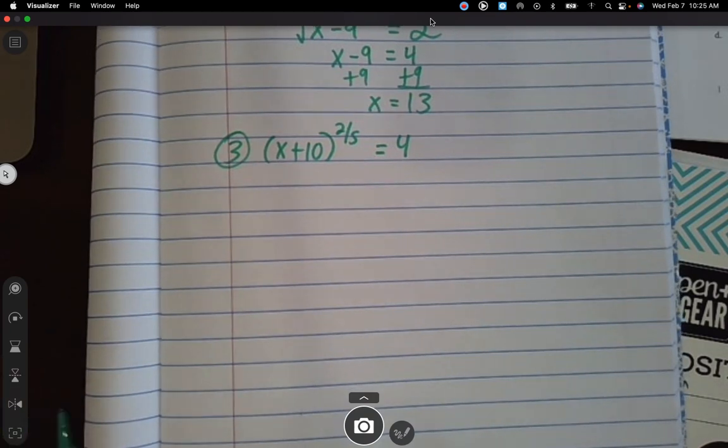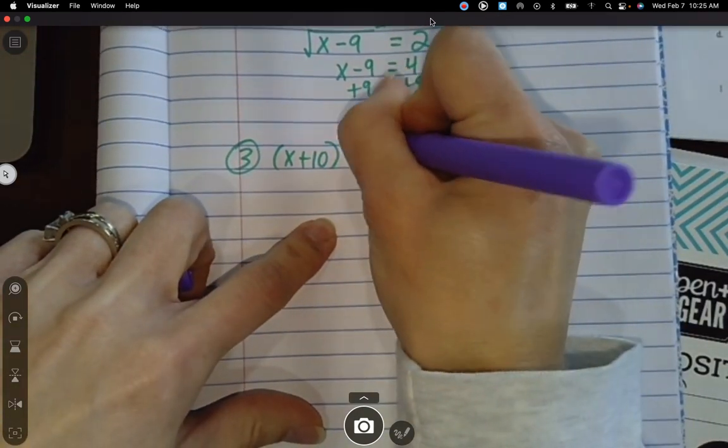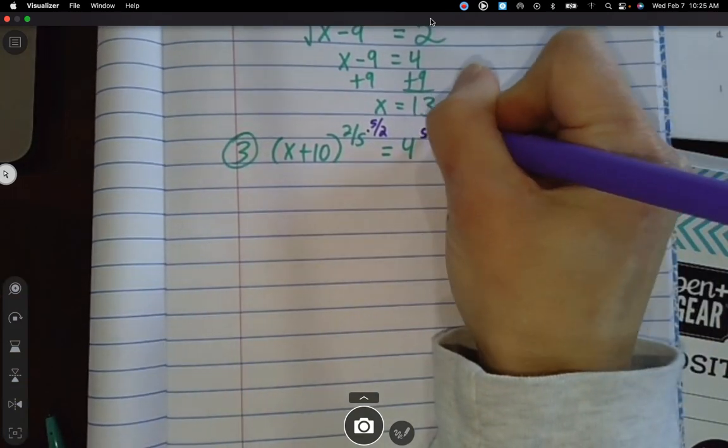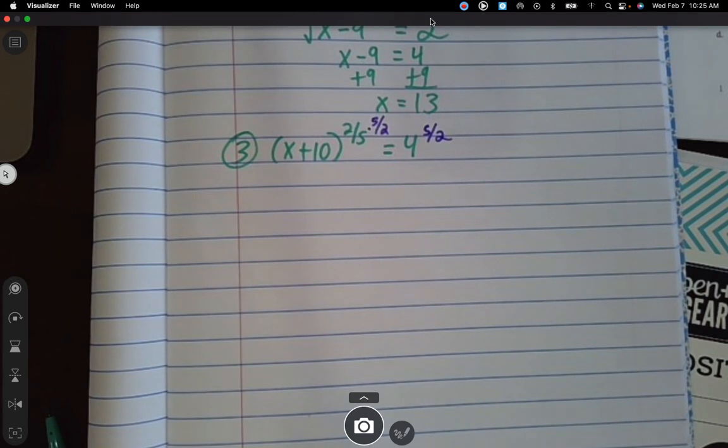So what I'm going to do is flip it. If I raise it to the 5/2, wouldn't that cancel the 5s and 2 out? Then your rule, if it's an even number in the numerator, which it is, it was 2, I'm going to have my 2 options for answers, my positive and my negative.